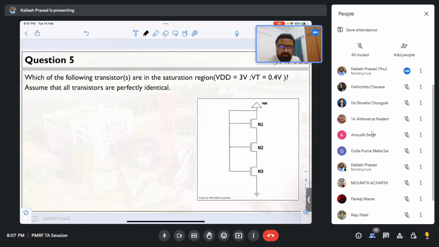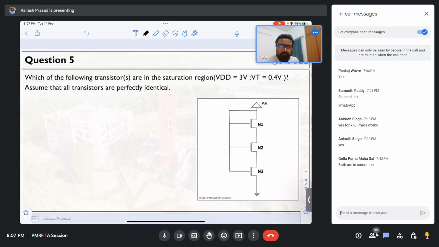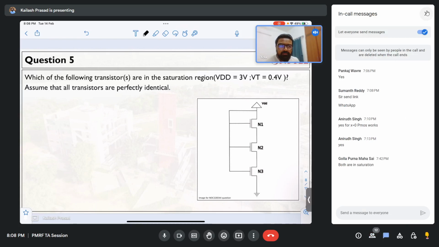Archita, Shweta, Aishwarya, Anirudh. Anybody? Which of the transistor you think is in saturation? I guess nobody is answering.